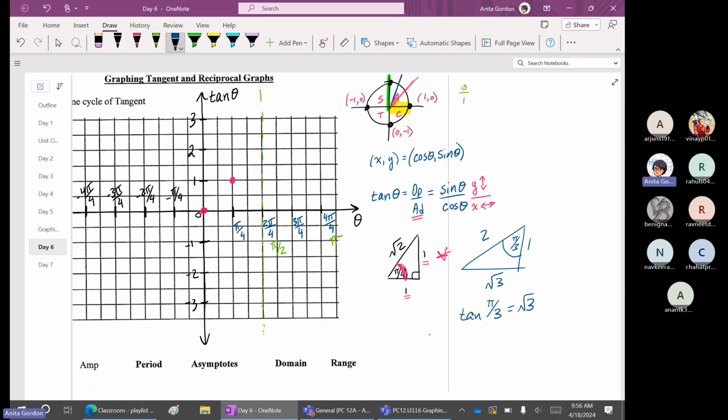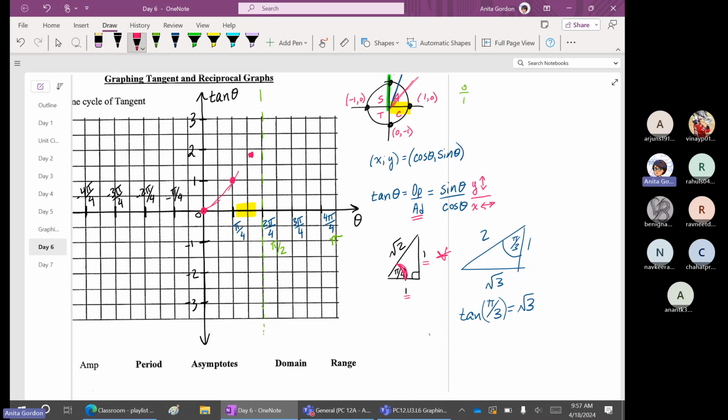Is this number going to be bigger or smaller than 1? It's going to be bigger than 1. So between the halfway point and my asymptote, I'm going to have a number that's bigger than 1. Is it bigger than 2? No, okay, so it's going to be somewhere like this.